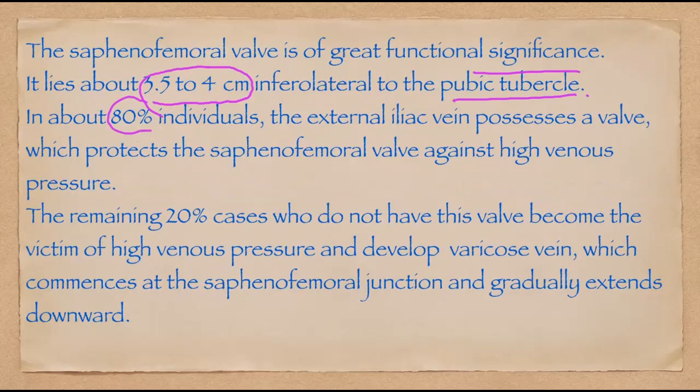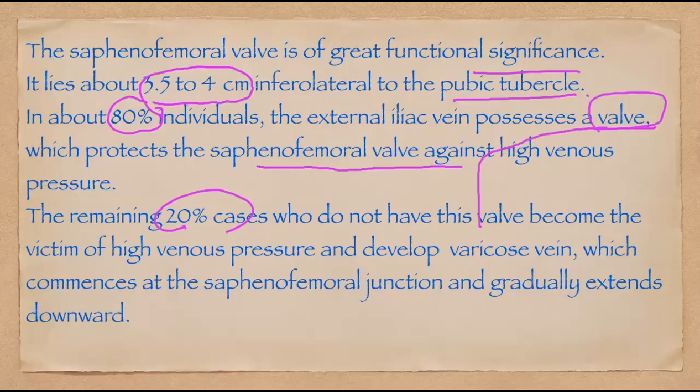In about 80% individuals, the external iliac vein possesses a valve which protects the saphenofemoral valve against high venous pressure, right? In remaining 20% cases who do not have this valve, which valve? External iliac, okay, becomes the victim of high venous pressure and develop varicose veins.